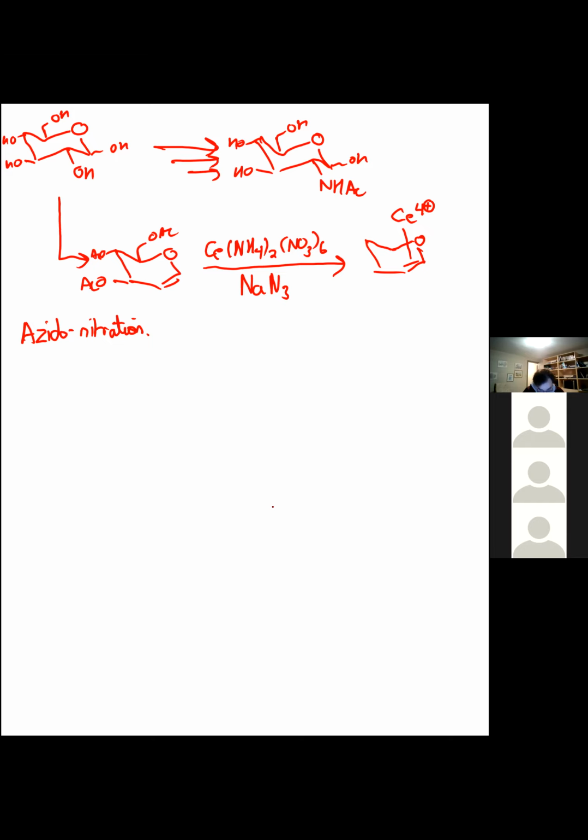Now, what's going to happen here is, we can think of the azide as also going to kind of associate itself with that ring oxygen, huge metal, which then means that the azide is going to come in at the C2 position, break that bond.